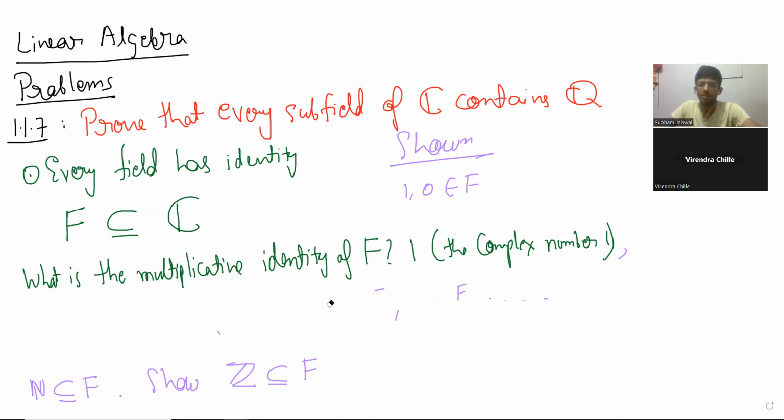Okay, now show that p by q is there. Start with a p by q and show that this is in F. Okay, simple thing.